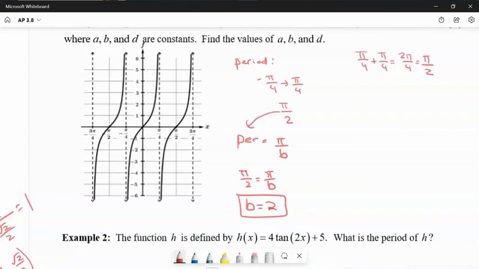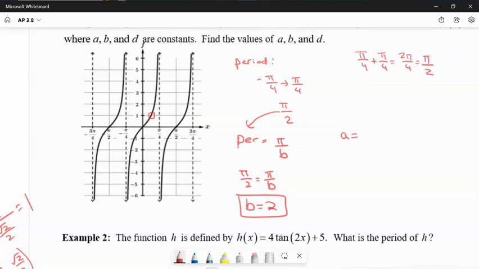All right. The a, so there's no amplitude on tangent because there's no max and there's no min. But the a, we're just going to think about in regards to our parent function. So when we have a 1 right here, that is going to be like a 1 sitting in front of the tangent x. That's what the parent function looks like.